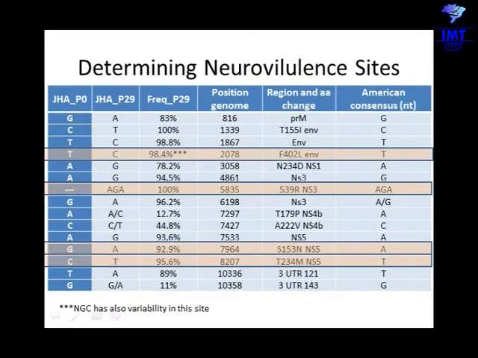The original JH has a deletion at position 539 in NS3, an arginine, which was recovered in passage 29. And this region is present in all American consensus. And two other non-synonymous changes in the NS5 gene were observed.